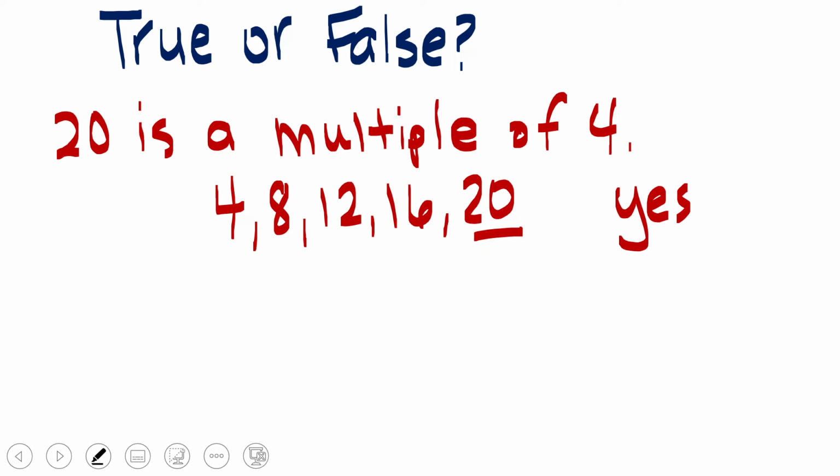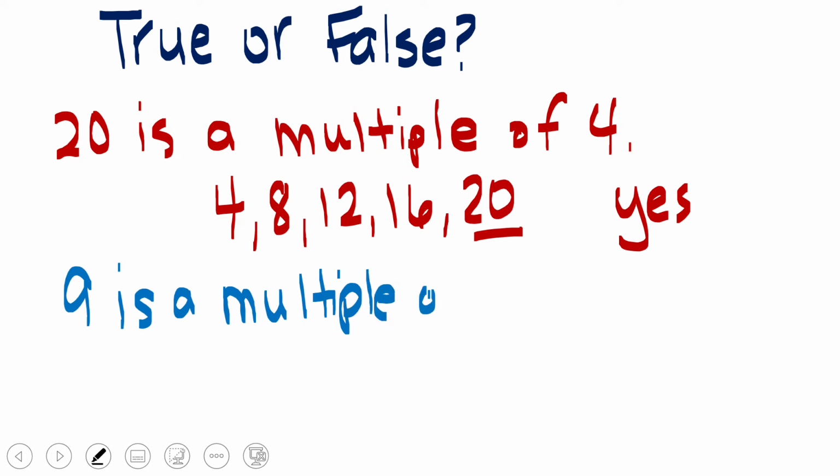What about 9? Is 9 a multiple of 45? No, 9 is a factor of 45. Okay, what about 35?